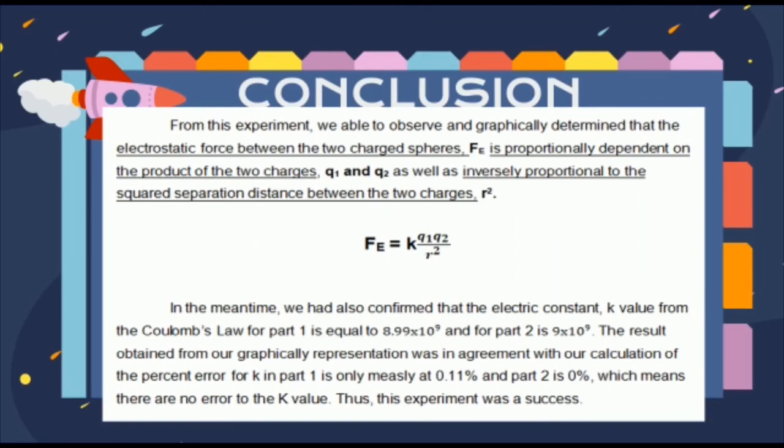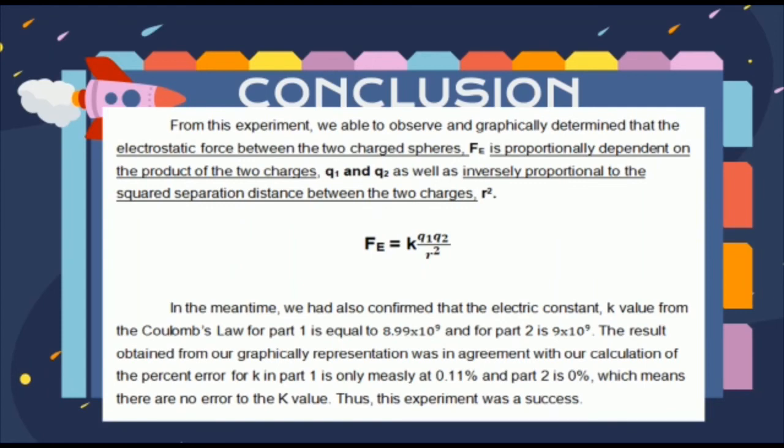In the meantime, we had also confirmed that the electric constant K from Coulomb's law for part 1 is equal to 8.99 × 10^9, and for part 2 is 9 × 10^9. The results obtained from our graphical representation were in agreement with our calculation of the percent error.